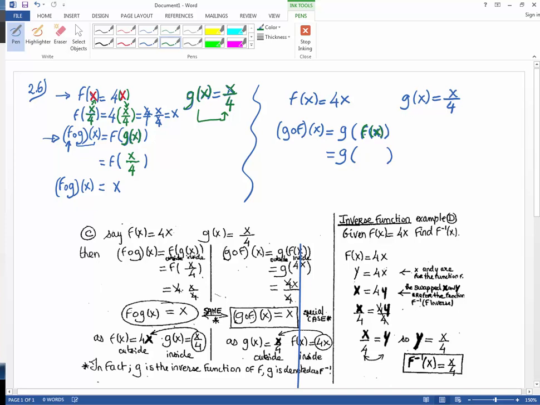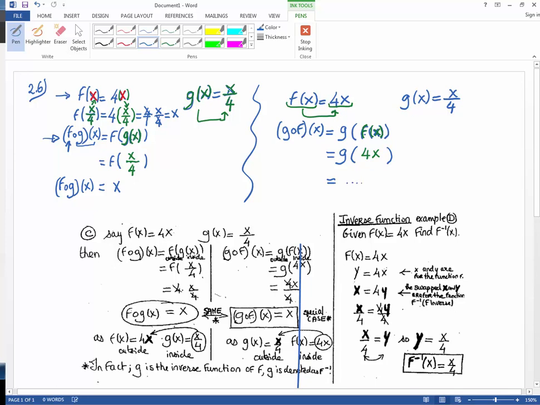Let's remember that f of x is nothing else than 4x. So instead of f of x, I'm going to put a 4x inside of those parentheses. So when we want g evaluated at f of x, we mean we want g evaluated at 4x. So what is that going to be?